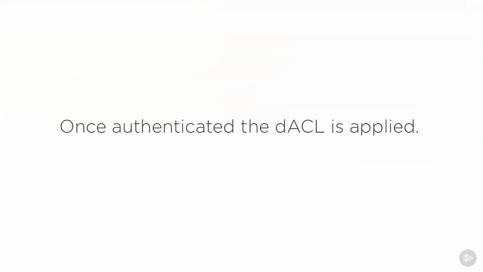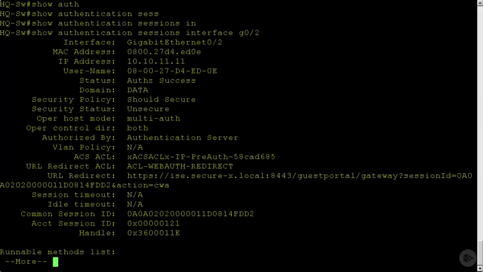Now, once they're authenticated, then another DACL is going to be applied. So even prior to authenticating, you'll get one DACL, and that DACL that you get prior to authenticating would be our pre-auth ACL, and we can see that here. In fact, there's that pre-auth ACL.